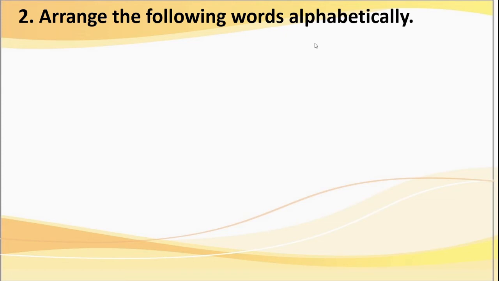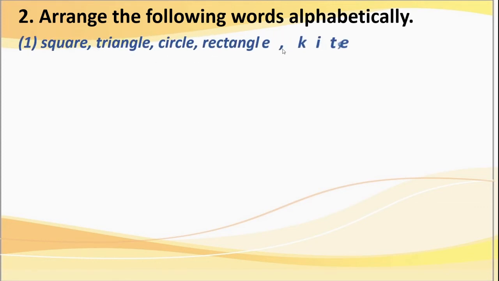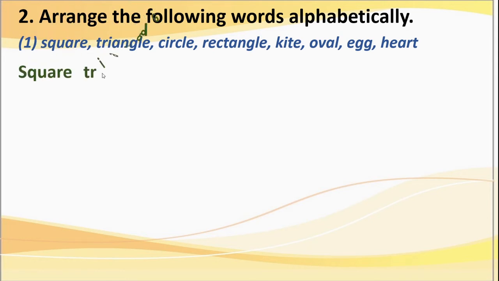Dear children, you know the meaning of alphabets. A, B, C, D are alphabets, isn't it? Okay, we will come to that. Here first you go through the words given. We will write them separately. See, this is square. This is triangle. This is circle.